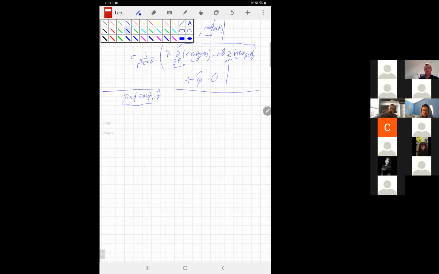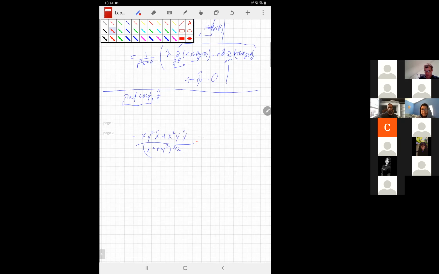Then the final one looks messy. We've got minus xy squared x hat plus x squared y hat, over x squared plus y squared to the 3/2, which looks really messy and scary. But we hopefully by now know how to convert from Cartesian coordinates to cylindrical.